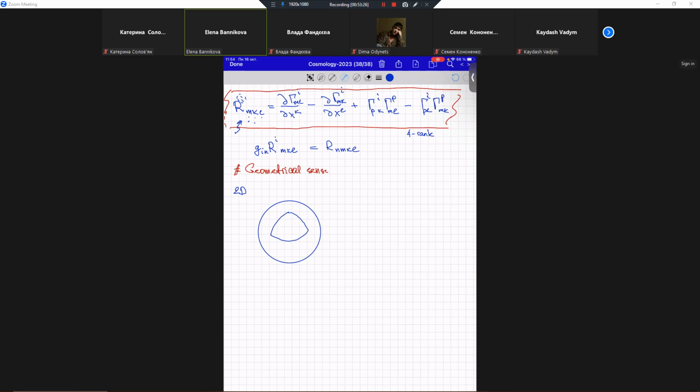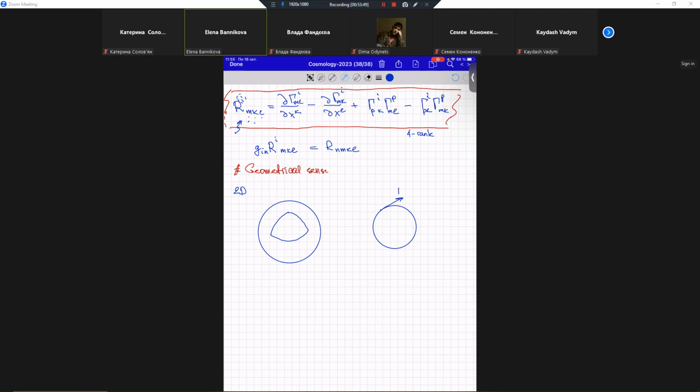So, a closed contour. For example, for the flat space, if I consider some closed contour like this, and I put some vector and pass this vector along this contour.